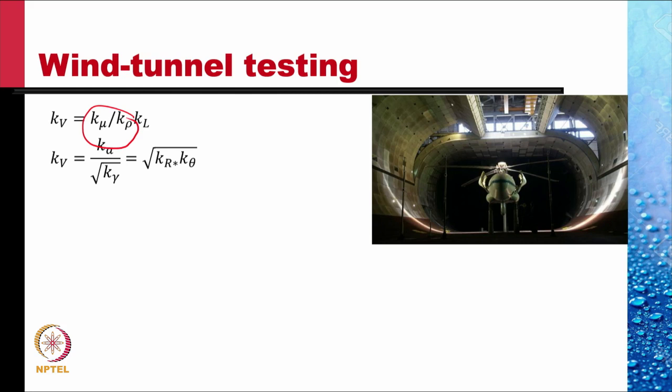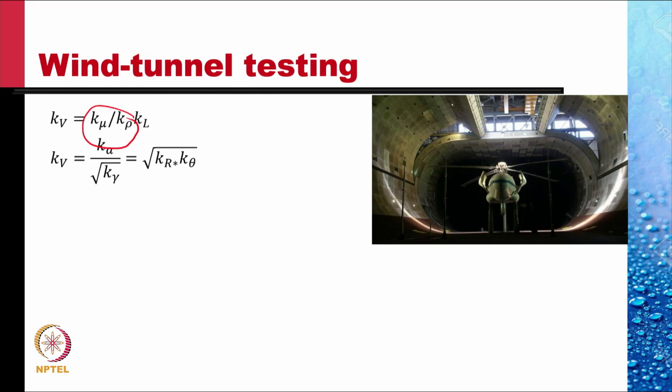So as you pressurize the gas, K rho increases and the kinematic viscosity decreases. So K mu by K rho becomes much larger than 1, and that permits us to obtain a KL which is smaller.